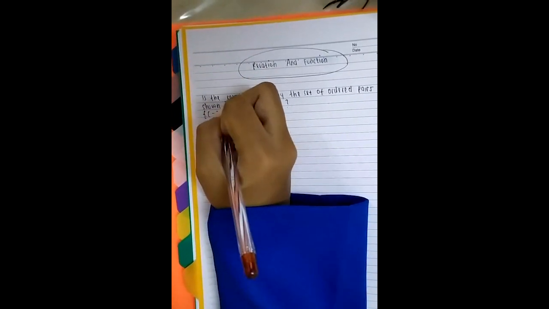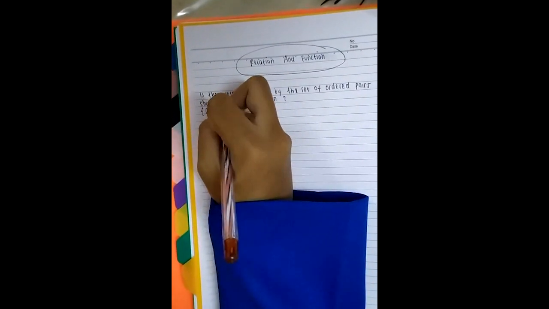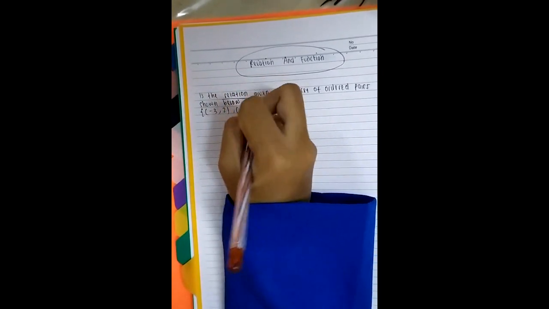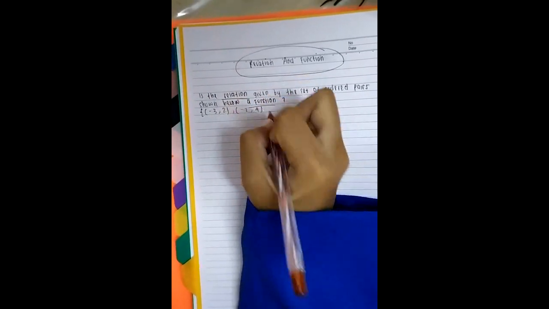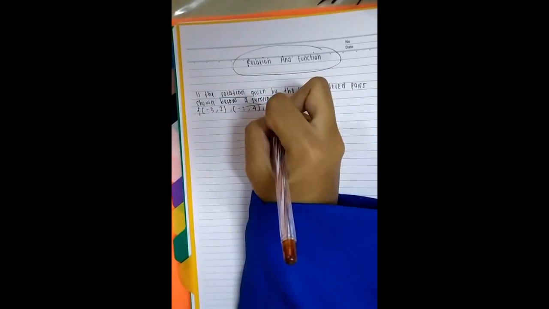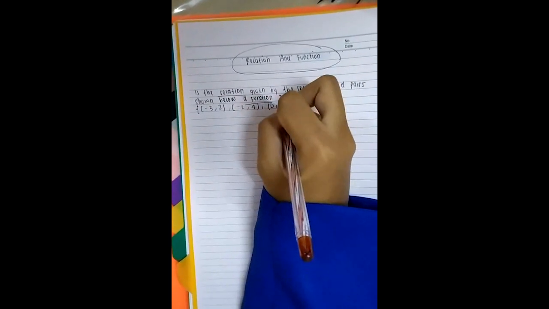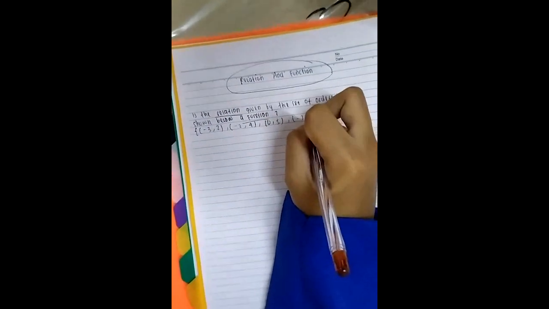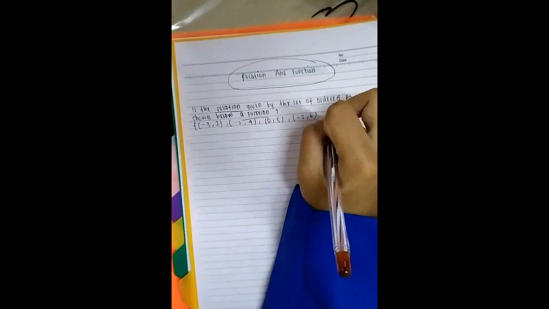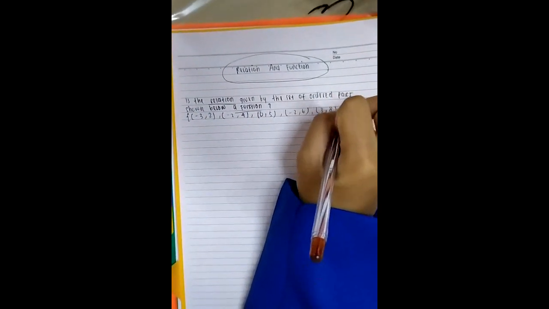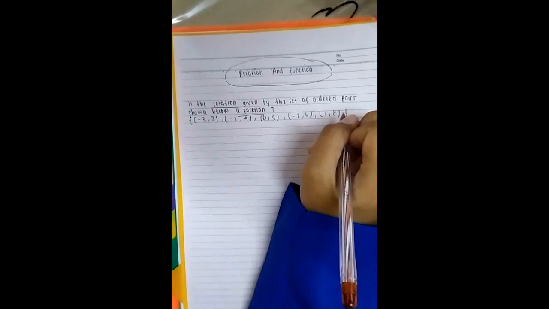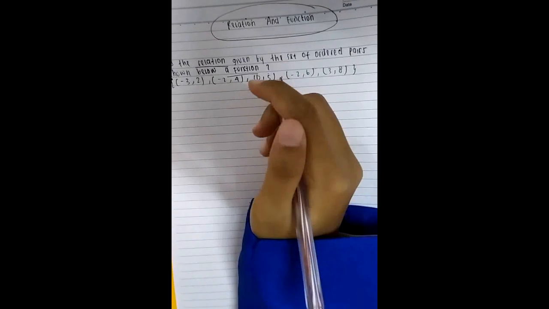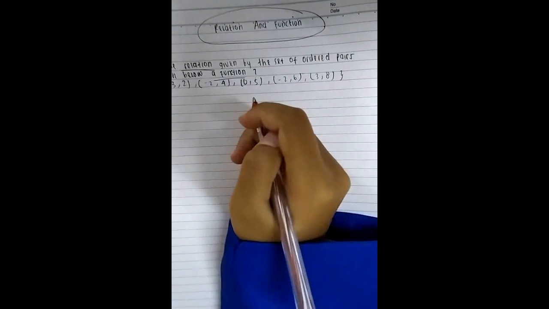Negative 3, 2; negative 2, 0; 0, 5; negative 2, 6; and 3, 8. Is it a function? Before we even attempt this problem, let's just look at what a relation is and what type of relation can be a function.